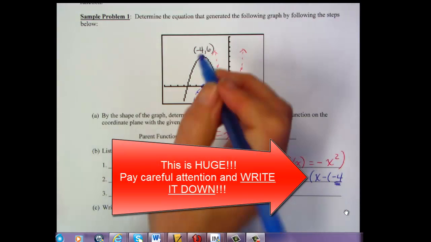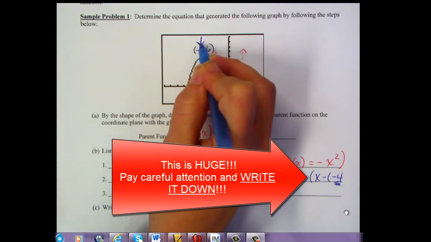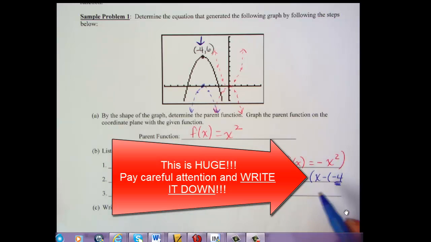That is where the vertex, or turning point, or new anchor point of my final child graph matches the equation. So x minus, negative 4, all squared for my parent. Now, of course, we'll clean that up in the end, but for now, you can leave it alone. It helps us see what's happening.